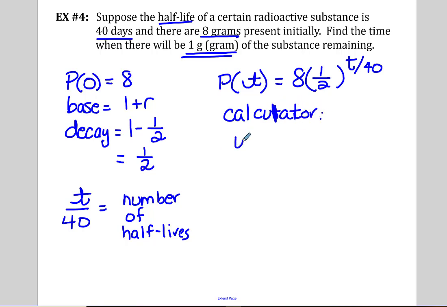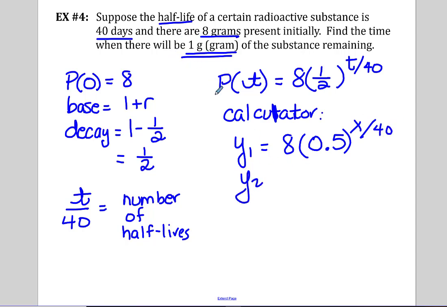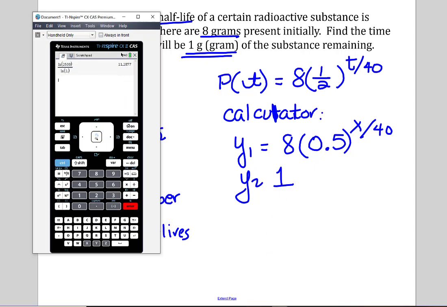So on my calculator, we want to put y1 in the calculator, 8 times 0.5 to the x divided by 40 power, and then y2 is what we want to have remaining, that's 1. So let's go try that one out. That'll be a small window. We can do that one pretty quickly on the calculator.